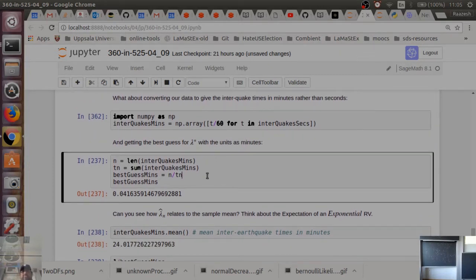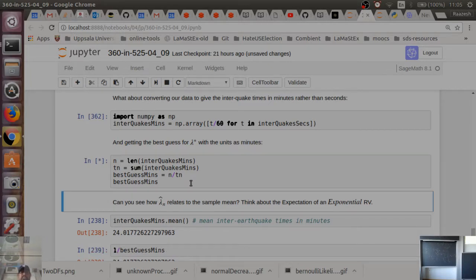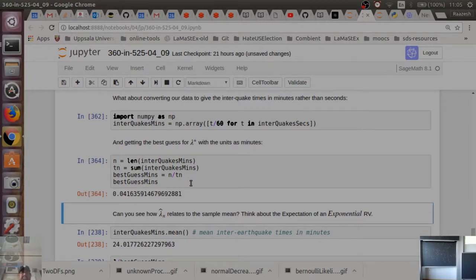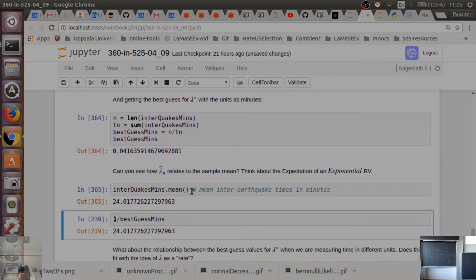Then let's ask what is the lambda star in this unit, the minutes time scale. Now the best guess mins is 0.0416. So if I ask what's the mean, it's 24 minutes, and 1 over the best guess mins is also 24. The point here is that the rate is actually coupled with the scale of observation.